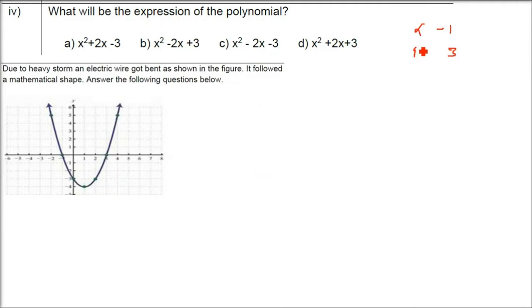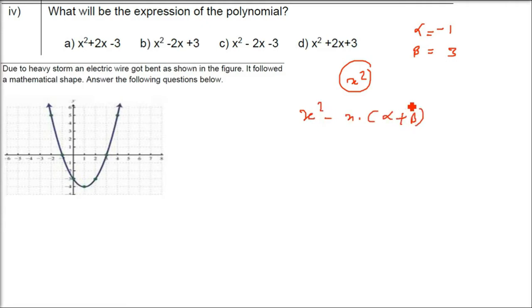So -1 and 3 were the zeros. Basically, they were alpha and beta. These are the roots. Zeros and roots are the same. So alpha and beta are -1 and 3. What is the expression of the polynomial? Since there are 2 zeros, this is quadratic, because x square will give you 2 solutions.